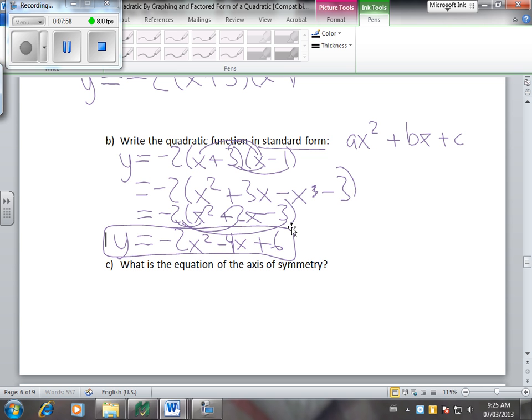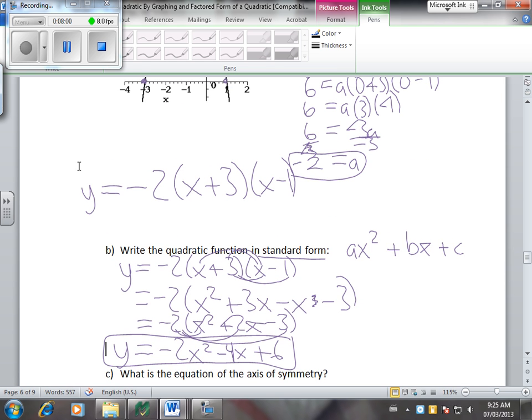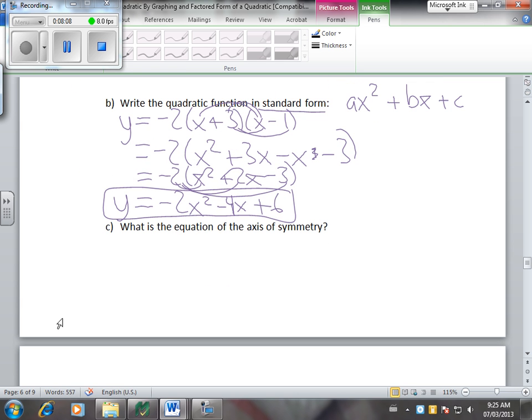Okay, so if I asked you to write something in factored form, you want something like this, okay, with 2 brackets for your x values. If I ask for something in standard form, you're always aiming to make it look like this: ax squared plus bx plus c.